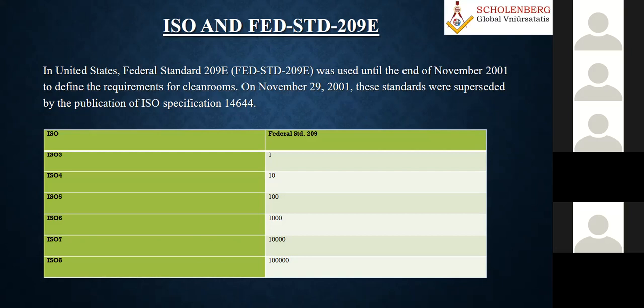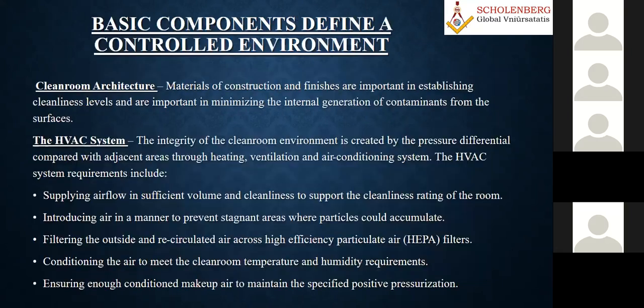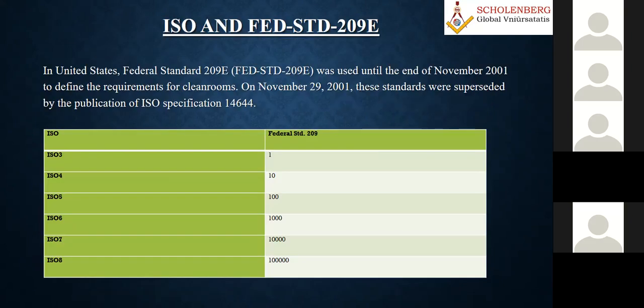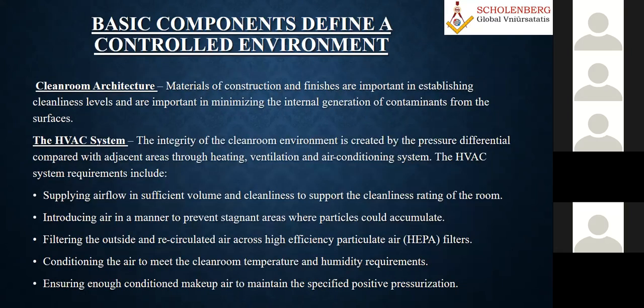So approximately, when they call class 1, it is equivalent to ISO 3, and so on; these things are available so that you can check it. Whenever a client asks, you have to explain to the client, what type do you need, a class 1, or class 10, class 100, class 1,000, 10,000, or 100,000, like that. So these all come under the standard.